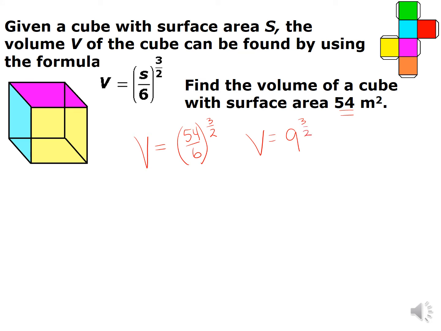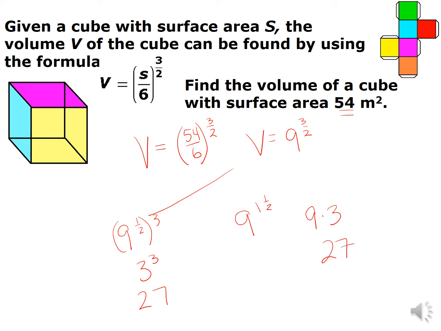And at this point I can do it the one way, which is 9 to the 1/2 cubed, which is 3 cubed, which is 27. Or I could do Nathan's method, which is 9 times the cube root of 9, or the square root of 9, which is 3, which is 27. So you're going to get the same answer either way. The thing you needed to learn from this slide is to be careful plugging things in and simplify first.